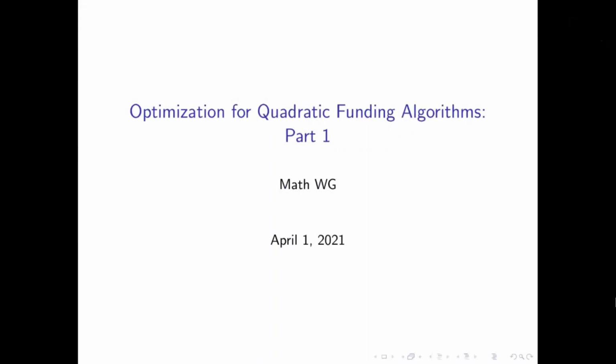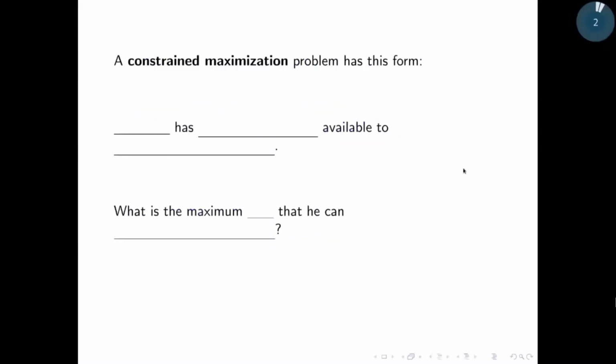So then let's actually get into the work that we did: optimization for quadratic funding algorithms. We looked at constrained maximization problems. That's what we're trying to do, right? We're trying to look at how polluters want to optimize the match output given a certain strategy. So how can they jack up the match for a specific grant or a set of grants?